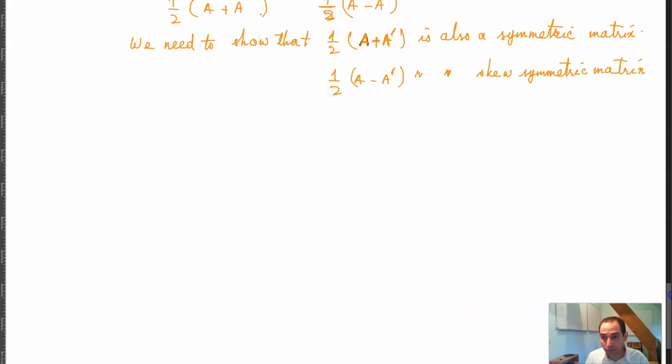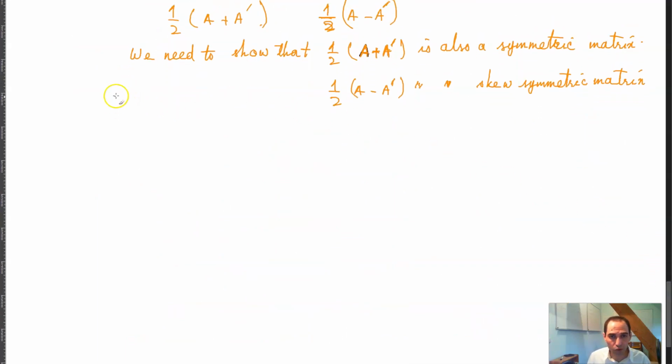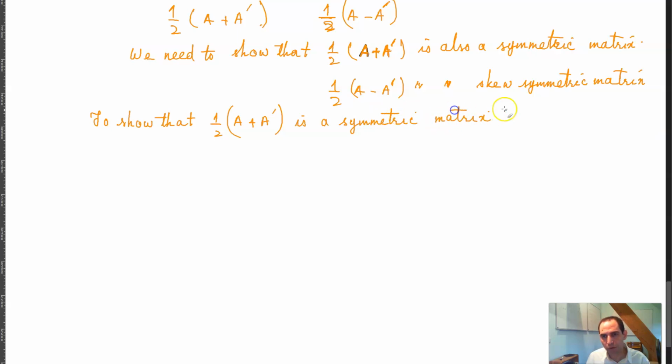Now, in order to show that 1/2 of A plus A prime is a symmetric matrix, in such situations you cannot think in the air.